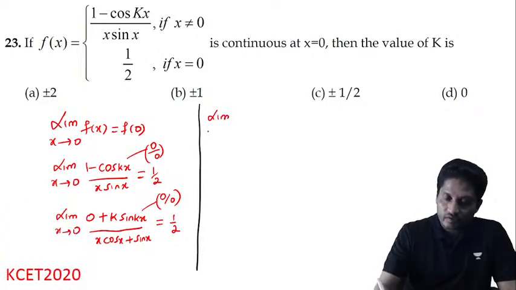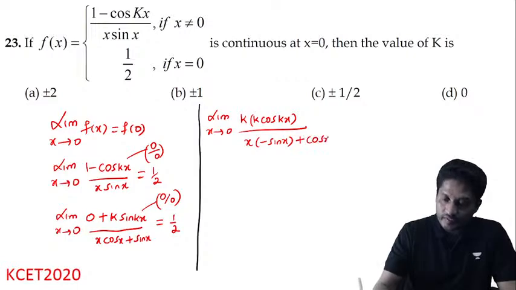Limit x tends to 0 of, differentiation of k sin kx is k square cos kx. In the denominator, I'll use the product rule: first function into differentiation of second, plus second function into differentiation of first. Differentiation of x is 1, and differentiation of sin x is cos x, equal to 1 by 2.